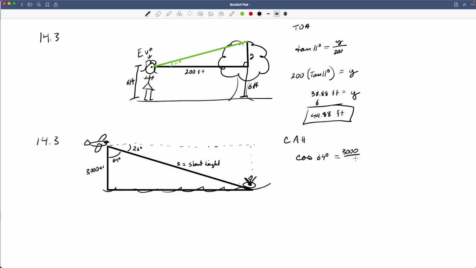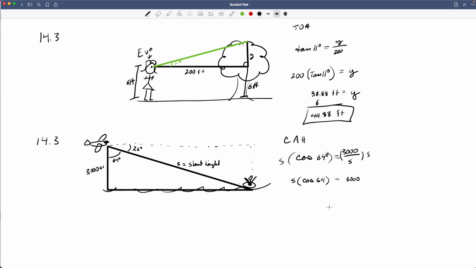divided by S, right? We don't know what S is, but we do need to figure out how to get S by itself so that we can solve for that. So the first thing we're going to do is multiply everything by S to get rid of that denominator. So we find out that S times the cosine of 64 is equal to 3,000.